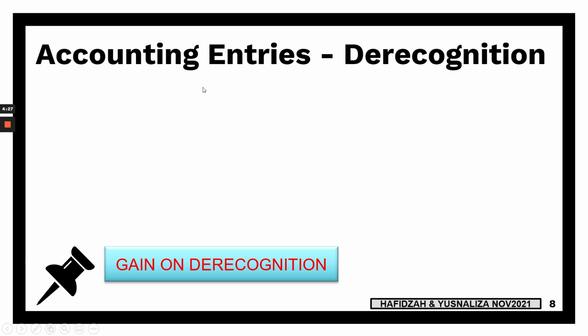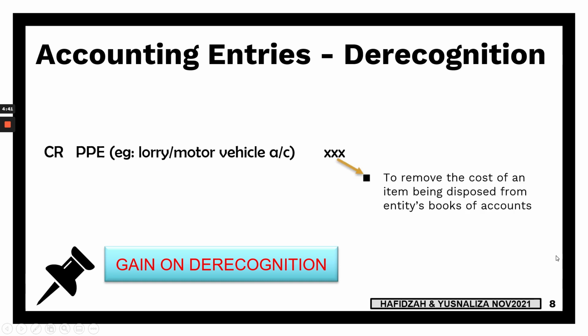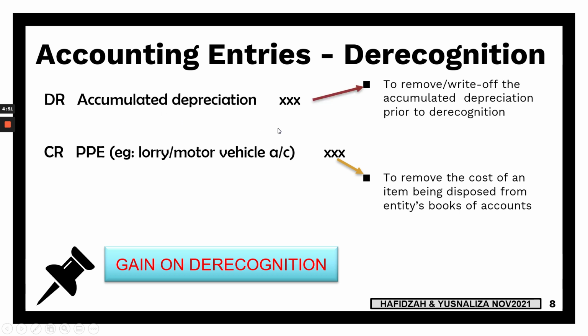Let us look at the accounting entries for derecognition when there is a gain, that is, a profit on the disposal or derecognition. The process is similar. First, you remove the cost of the item being disposed of, let's say a motor vehicle, so you credit it. Then the accumulated depreciation relating to the motor vehicle or perhaps lorry being disposed of will also be removed.